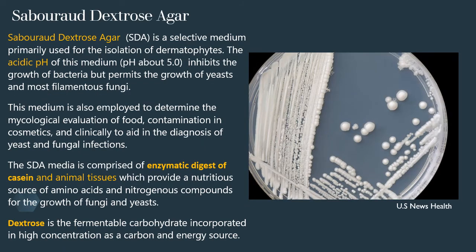Then next is Sabouraud dextrose agar. It is a selective medium primarily used for the isolation of dermatophytes. Dermatophytes are a group of fungi which are known to cause skin diseases in animals and humans. The acidic pH of this medium, about pH 5, inhibits the growth of bacteria but permits the growth of yeast and most filamentous fungi.